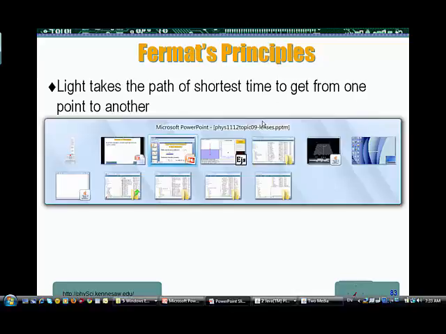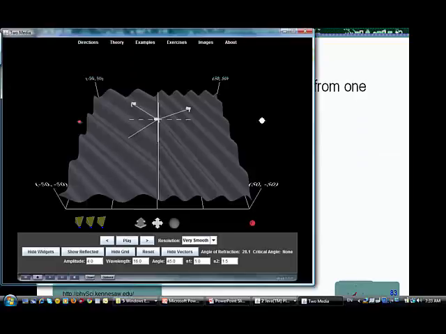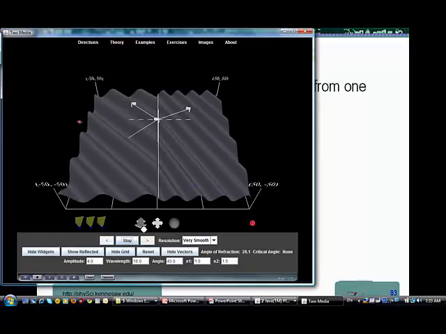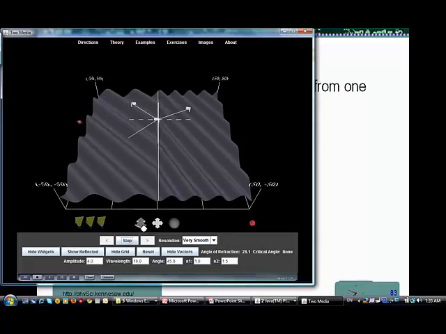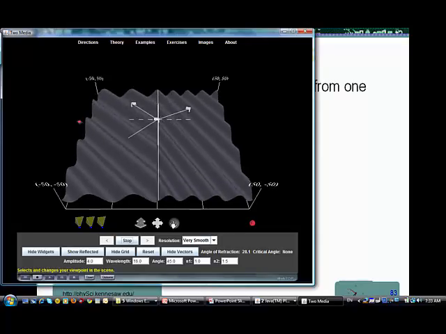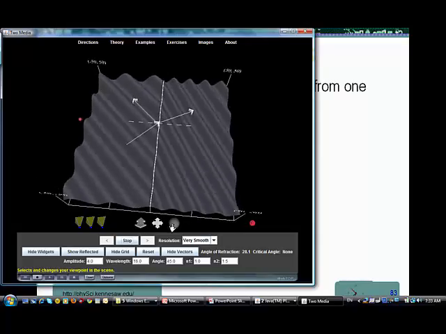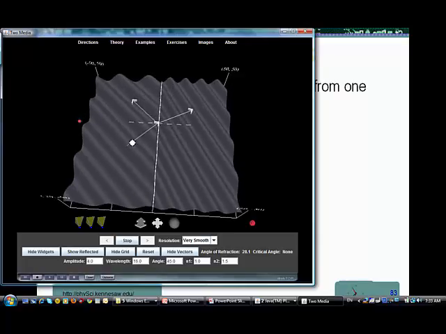To explain that, I'm going to first show you this particular simulation. You notice here we are representing light as a wave, not just as a ray like we had it in the previous simulation. And okay, the ray representation, we have it here.